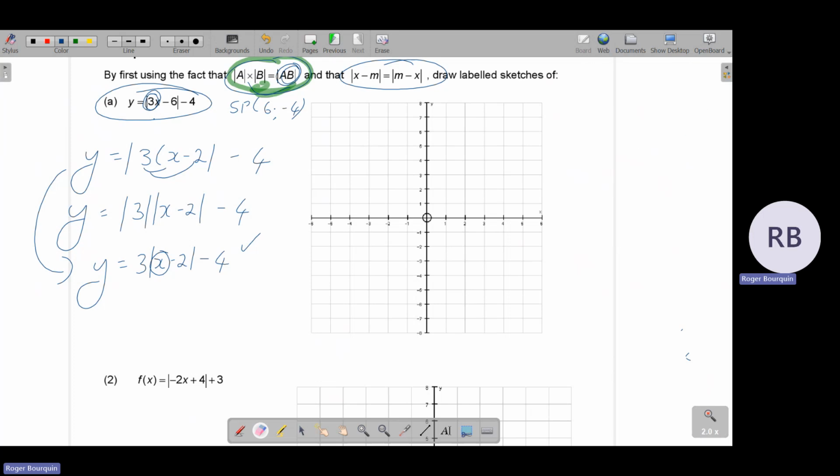Did you also get this one says 2? I also got the fractions.